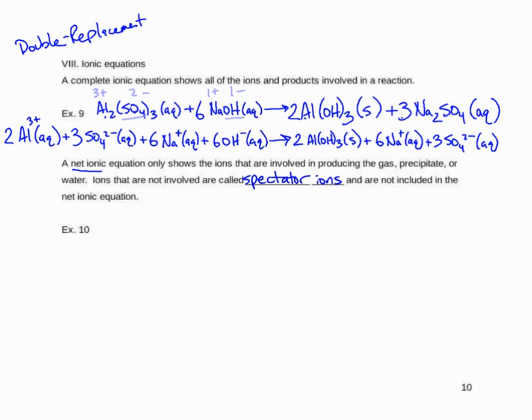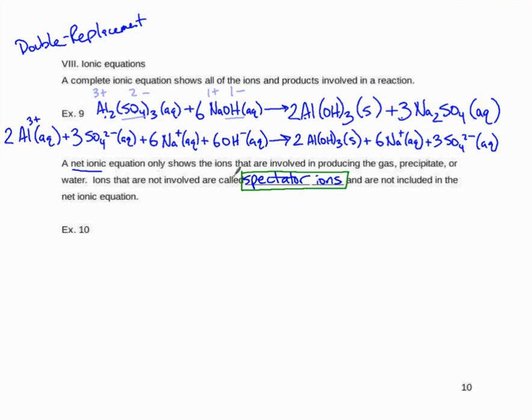So let me identify for us some spectator ions. I'm going to use this green color. So spectator ions, I'm going to box them off in green so that we can see them. Spectator ions are present, but they don't do anything.